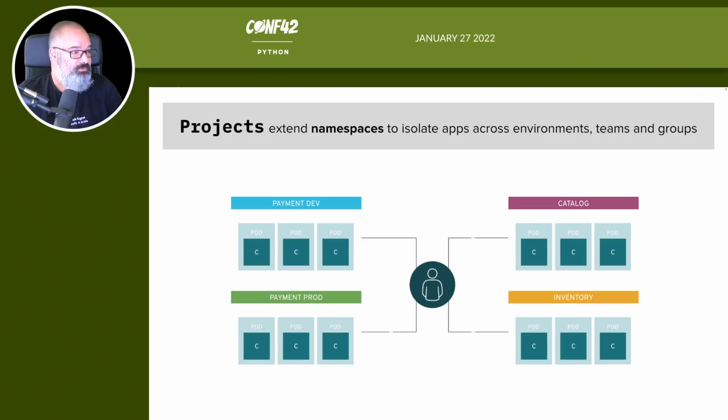This allows developers to use the same kind of tooling and understanding that they do for their job, on an interface that makes sense. Projects really do ramp up the OpenShift ecosystem to help developers be successful.